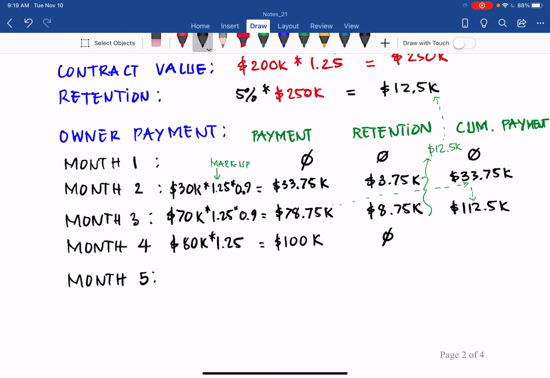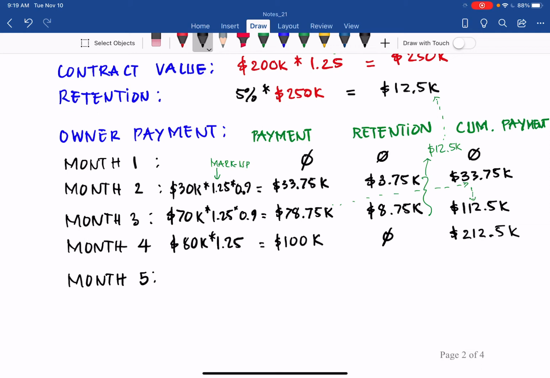Retainage, like I said, is already at the maximum, and it will be cumulative. So we have 100,000 plus 112,500, so we have 212,500.